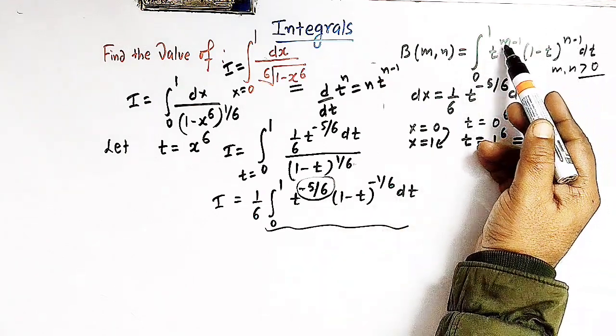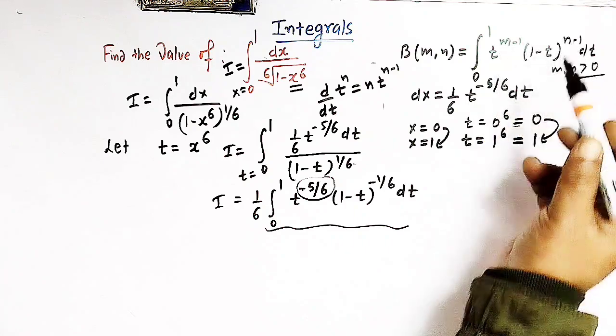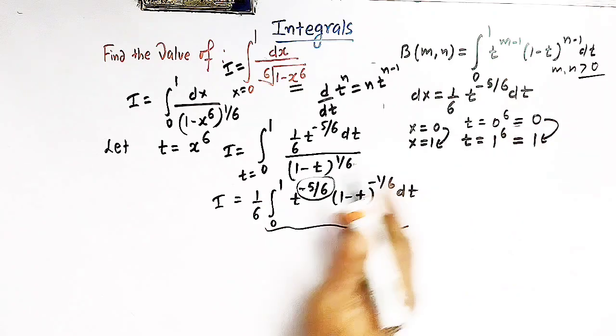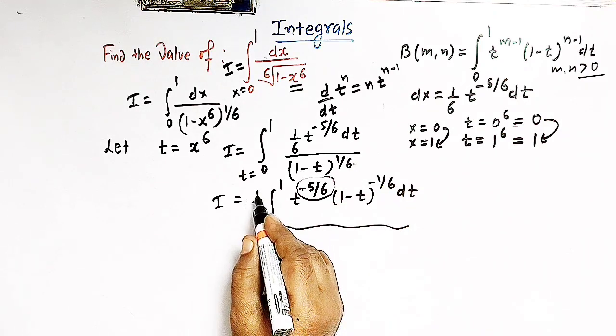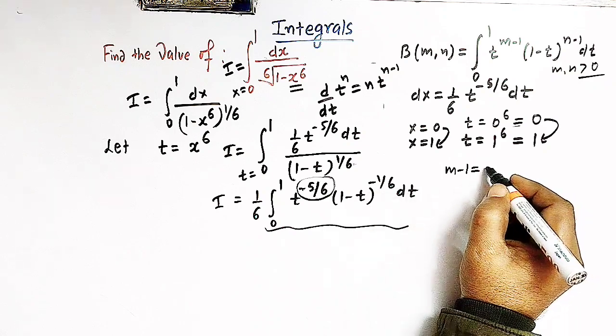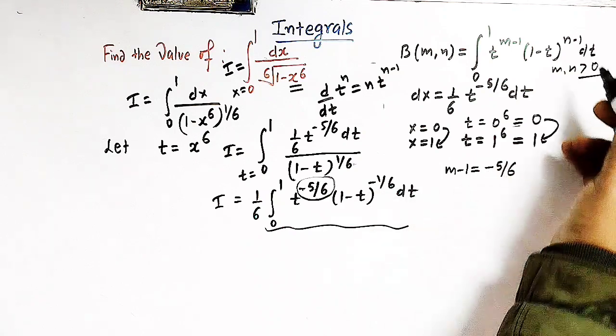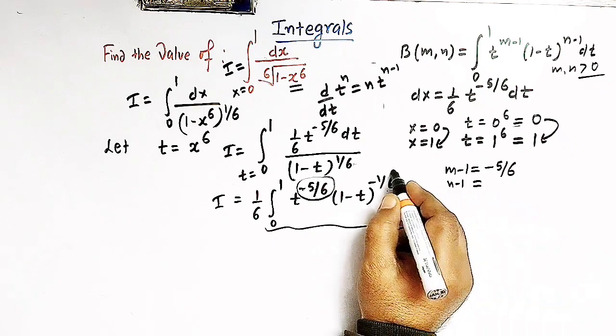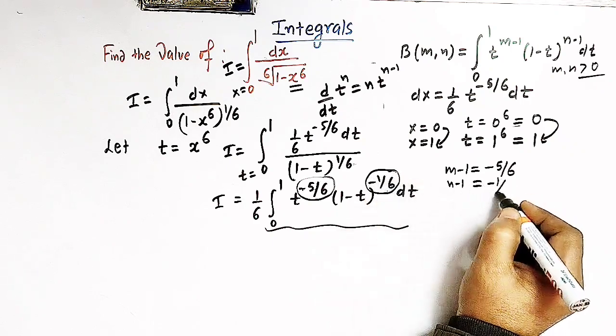So now we need to find out the values of m and n. So we can compare this integral with this one. Here we have an additional factor 1 over 6. So now m minus 1 can be written as minus 5 over 6, and n minus 1 can be written as minus 1 over 6.